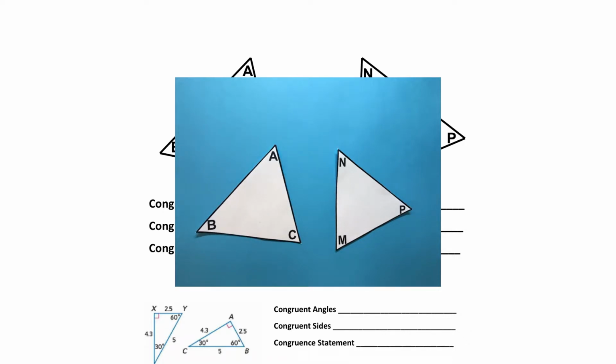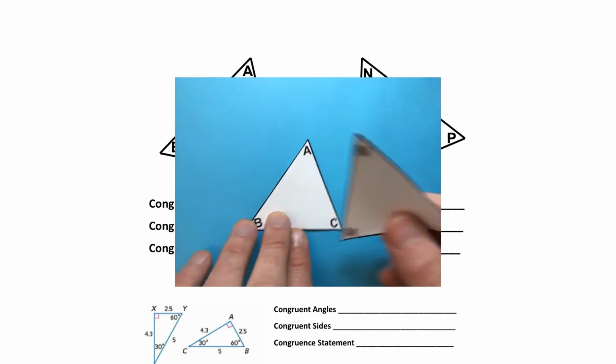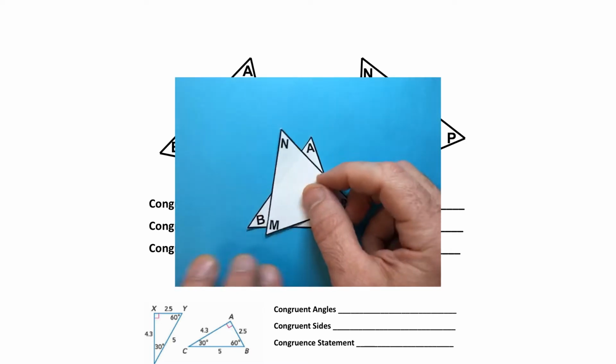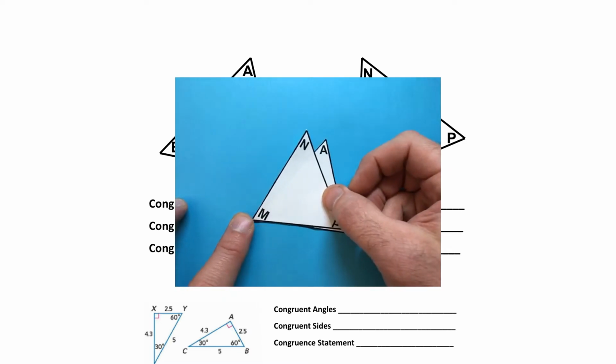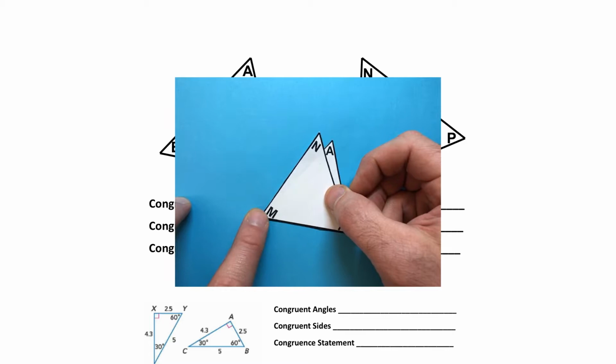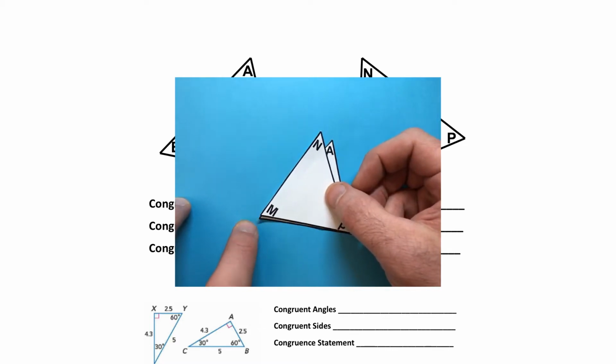Okay, so once you get those two triangles cut out, start taking them and figure out how they can match up exactly. So lay one on top of the other and spin them around so they just match up exactly. Got it. Okay, so do they match up like this?